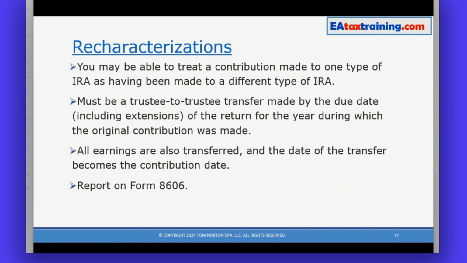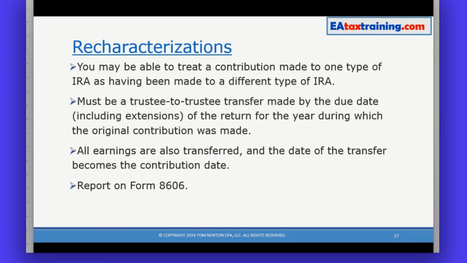However, it can go the other way. You can set up a Roth IRA and change your mind and change it to a traditional IRA, which might be appropriate in some circumstances. But for the most part, we're going to think about this as you set up a traditional IRA, change your mind, and you'd like to make it a Roth IRA instead.